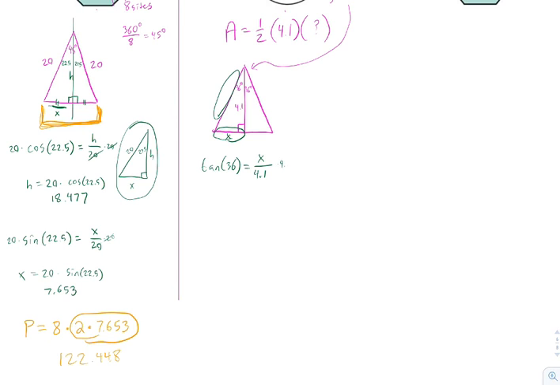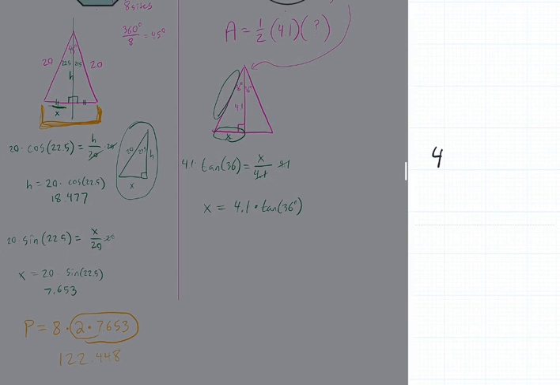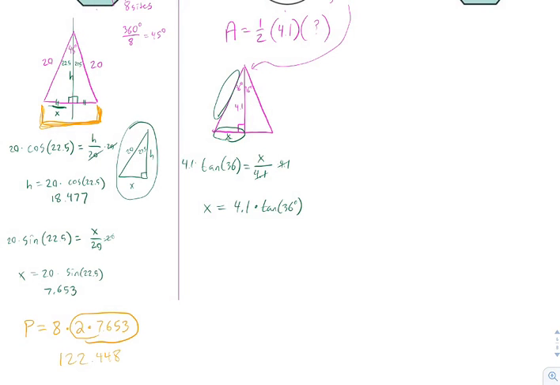And so multiplying by 4.1, I get that x is equal to 4.1 times the tangent of 36 degrees. Okay, so let's find that out. There's 4.1 times tangent of 36 degrees. And so that's 2.978.